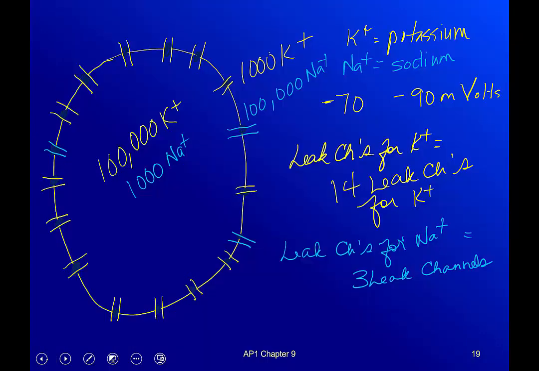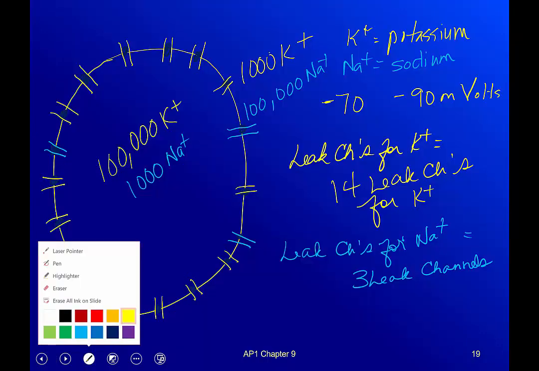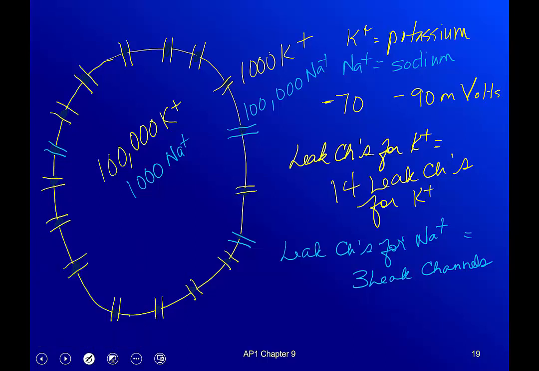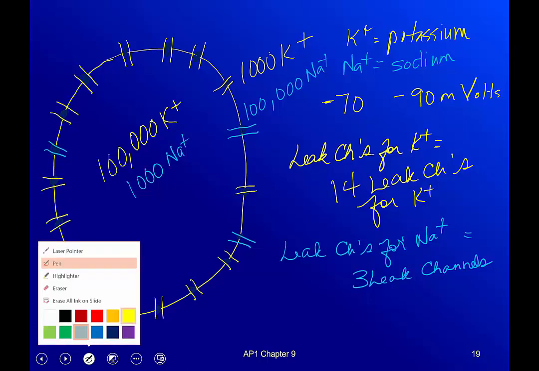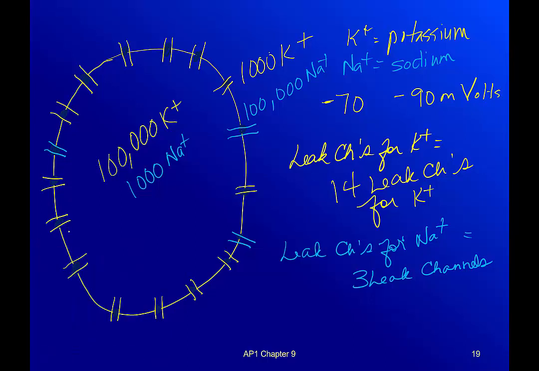So, I'm going to come back to here for a second. I'm just going to draw a simple gated channel, okay? Meaning that I have something that I can open and I can close. And you can see that there is something that's there, but it's closed up.